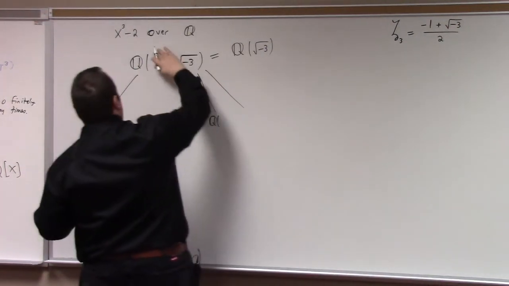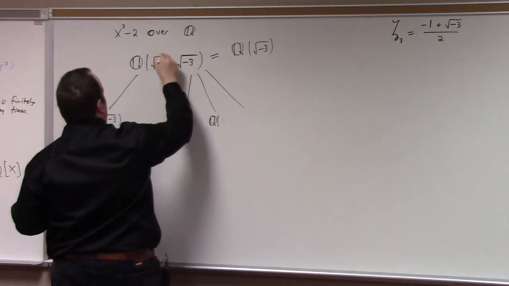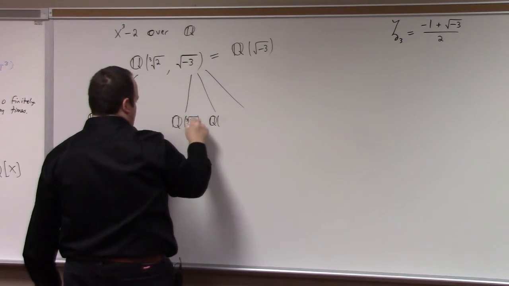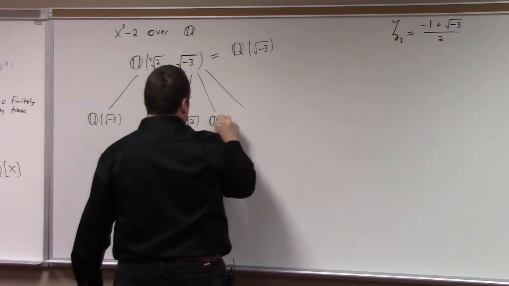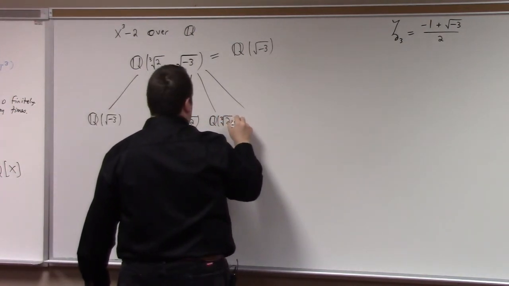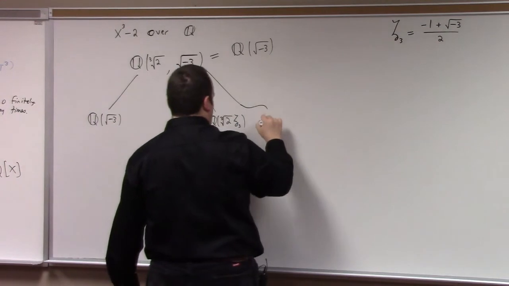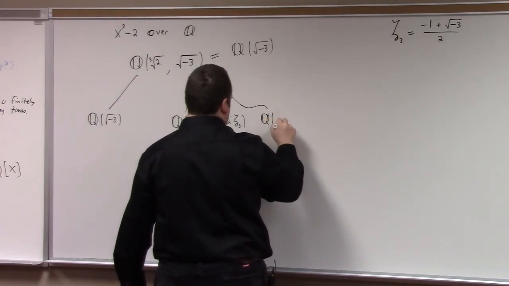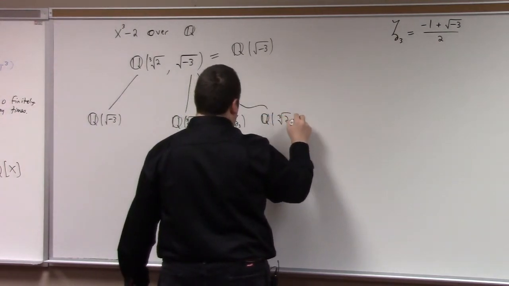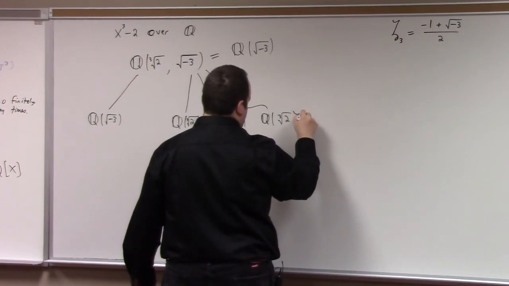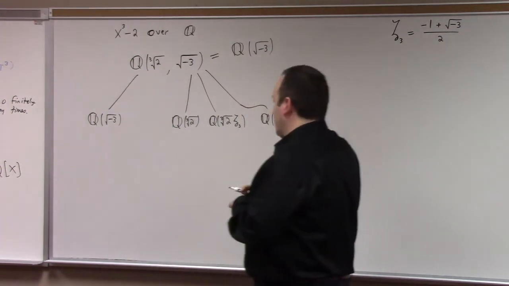So I'm supposed to put the cube root of 2 here, the positive cube root. So cube root of 2 is one thing. We can do the cube root of 2 times the third root of unity, or then also Q adjoin the cube root of 2 times the third root of unity squared, or conjugate. You pick your poison however you want to look at that.